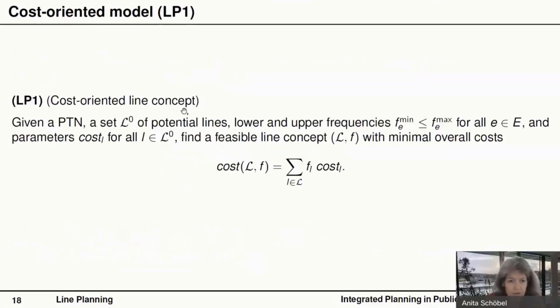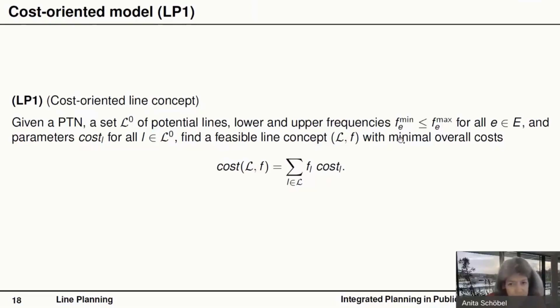So this is the cost-oriented line concept, where we have given the upper and the lower edge frequencies. And we look for a line concept that minimizes the overall costs. The costs are just given by summing up the costs for each line, multiplying with the frequency, and summing over all lines.